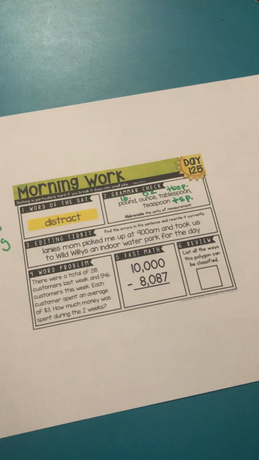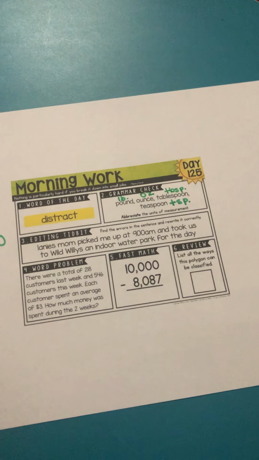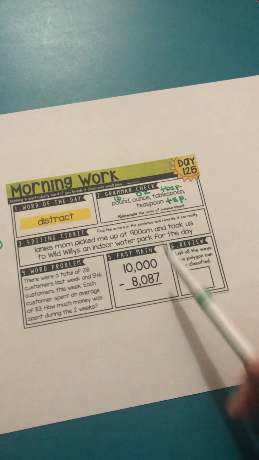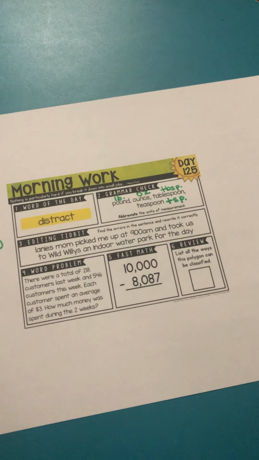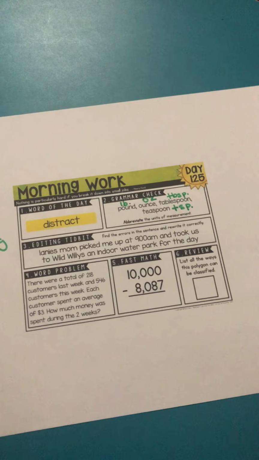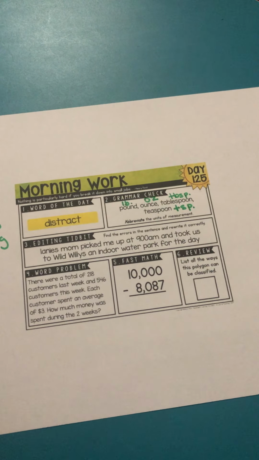These are really big ones for cooking. So a lot of times when I write my recipes out, I use the tablespoons, the teaspoons, the ounces. I don't really cook anything in terms of pounds, but these are ones that I use a lot, especially with cooking. All right, let's go ahead to our editing tidbit.